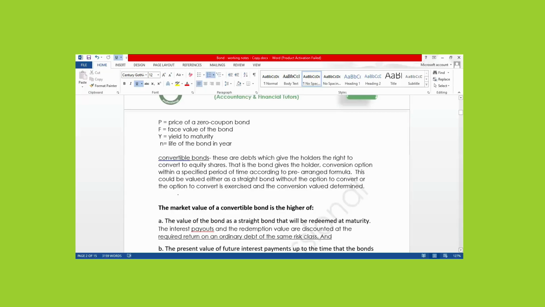We now value the bond as a straight bond, an unconvertible bond.